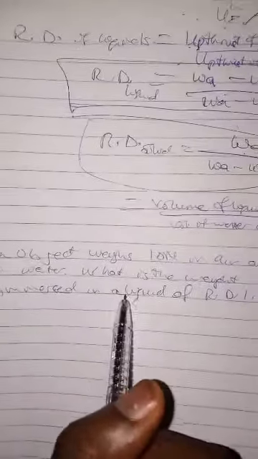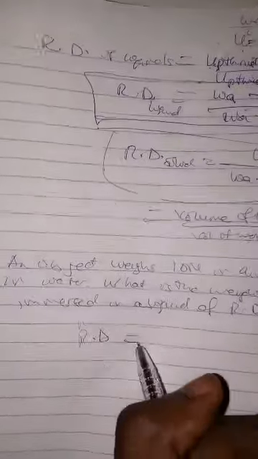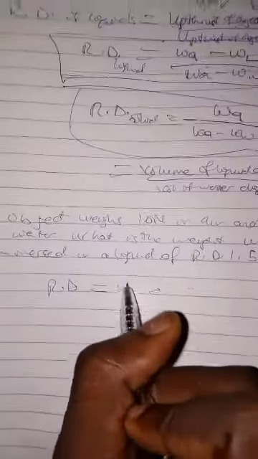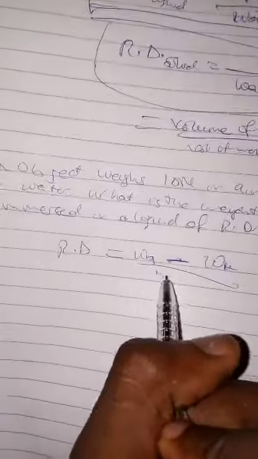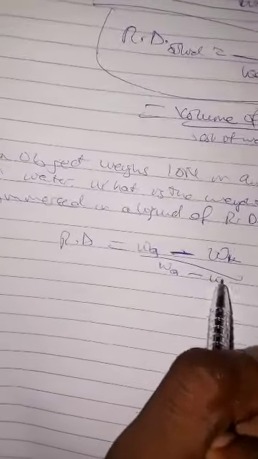They said the relative density of a liquid. What's the formula for relative density of liquid? Upthrust in liquid over upthrust in water. Upthrust in liquid is weight in air minus weight in that liquid, over weight in air minus weight in water. What's the relative density of the liquid? 1.5.